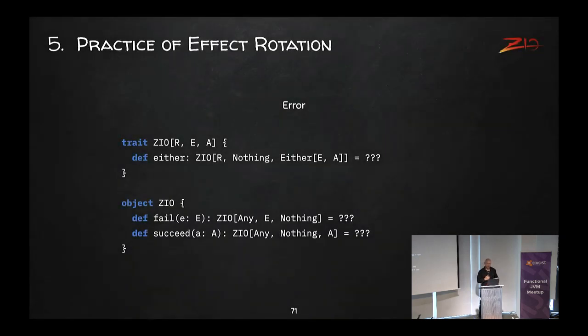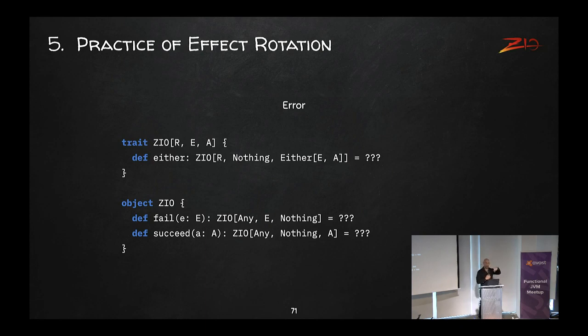For error, you have the way to take that error channel and eliminate it. That's either, at least that's one of the ways to do it. That shifts it over into the value channel, into the success channel. So now your success channel has an Either of E or A. So the error disappeared. It skipped on over to the success channel.